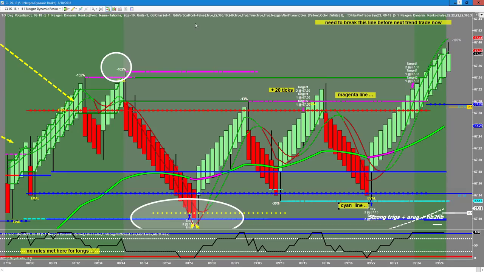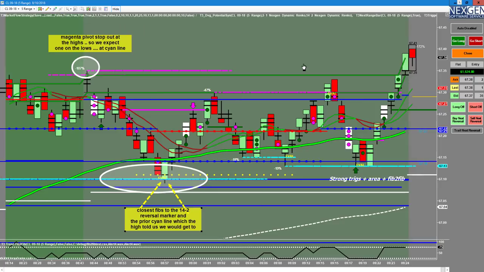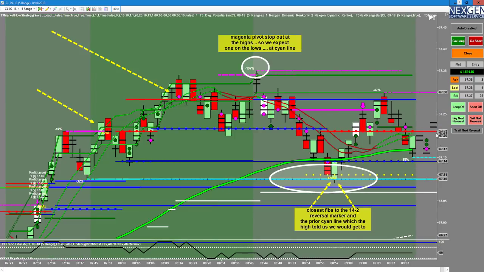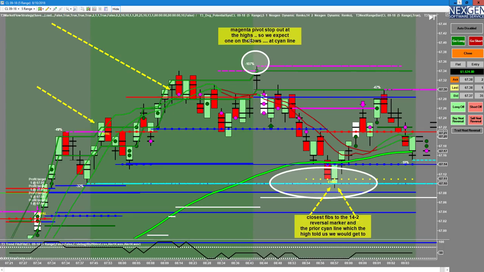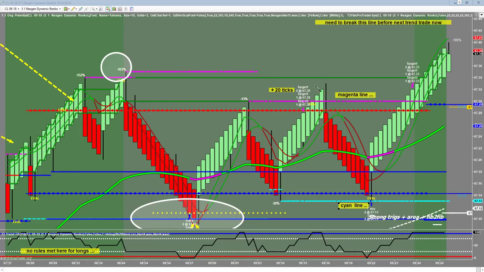So take a look. Look on the market flow chart, I'll show you, since we wrote the rules out. A magenta stop out at the high over here created a stop out on the low, cyan line. And then going forward, we literally had the same thing again here.